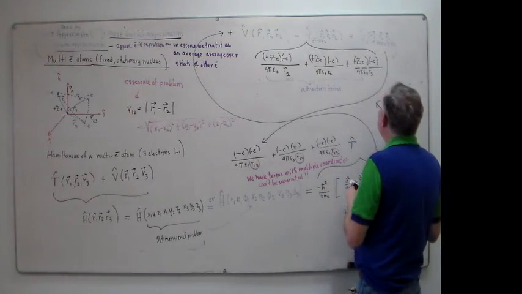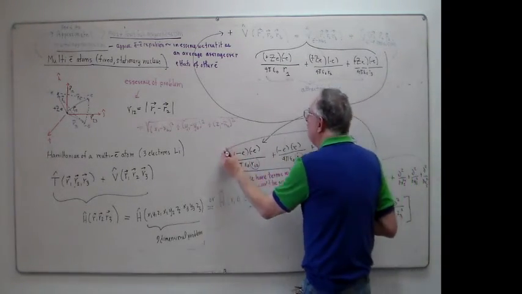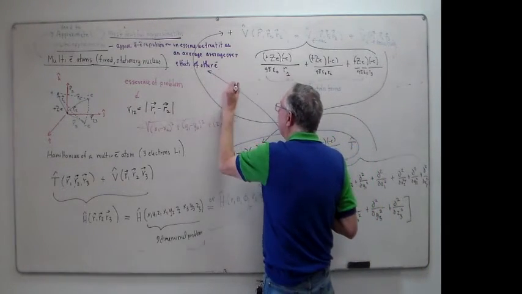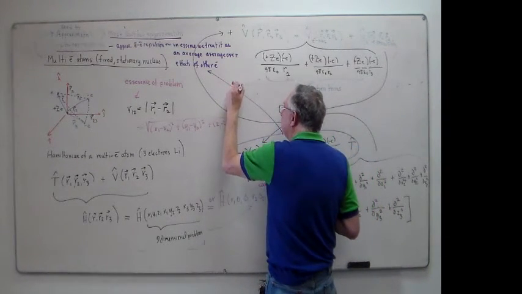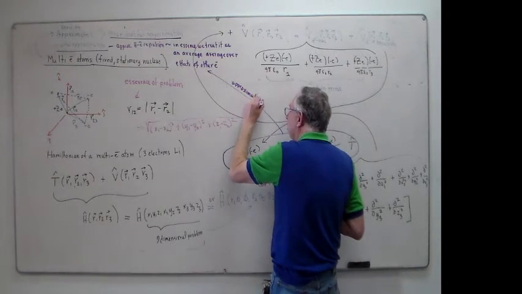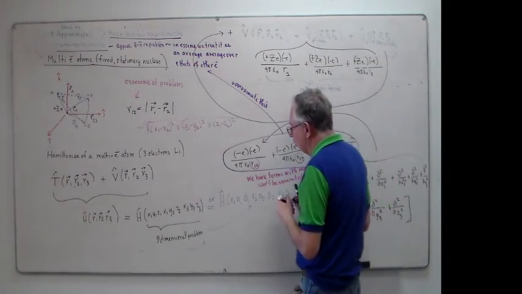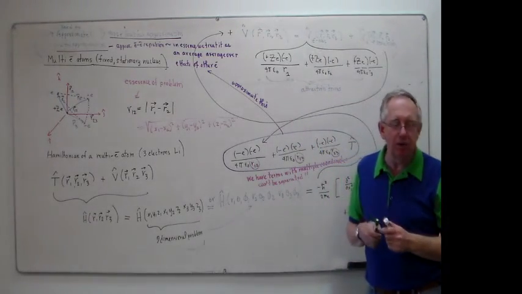And so what this amounts to is we approximate this term and turn it into something that has only the coordinates of electrons 1, 2, and 3.